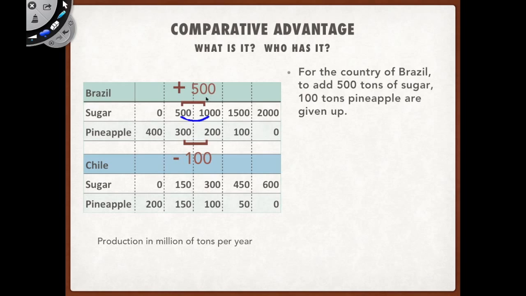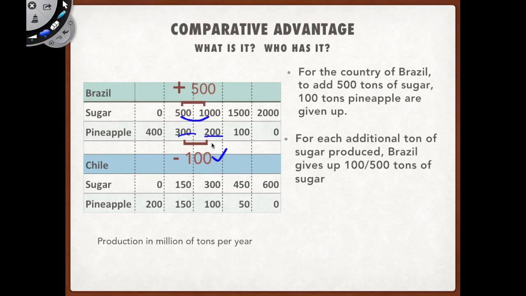They would gain 500, but when they do that, they're not able to produce the 300 pineapple. Now they can only produce 200. So they lose 100 pineapple. And for each ton of sugar that they add, they would give up 1/5 of a ton of pineapple.